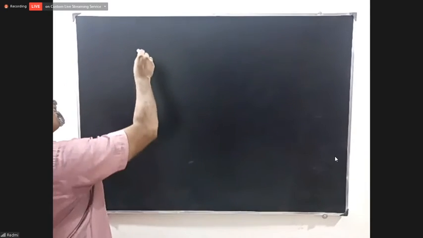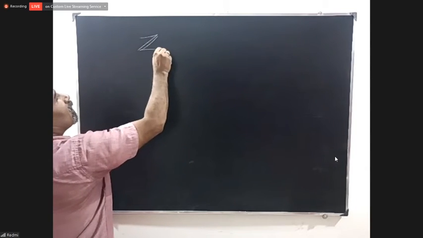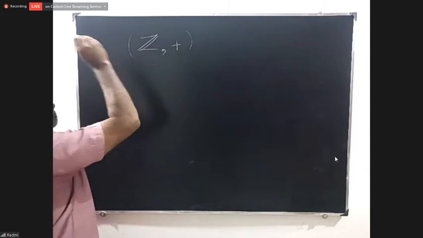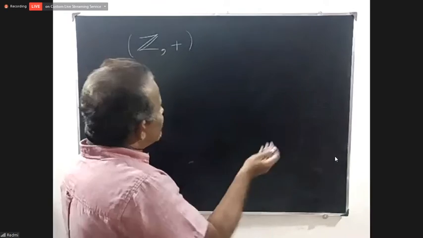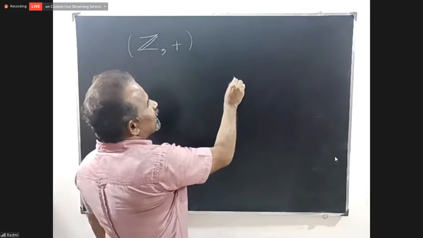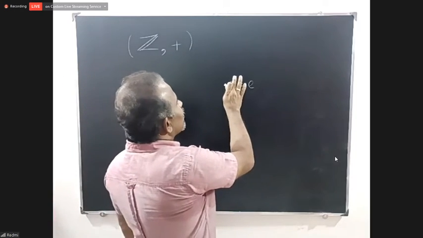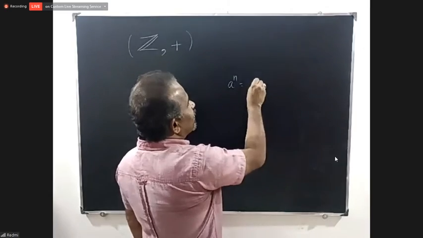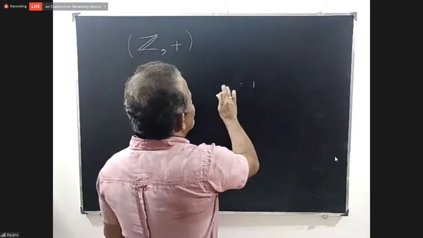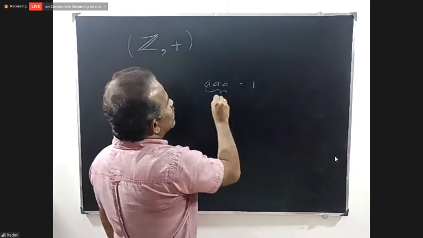What about integers? Integers is a group with respect to plus. What about the order of an element? The same definition, a power n is equal to e. So here e is nothing but the multiplication group identity, what we have taken e as 1. Here, n times of a means a plus a plus and so on, n times.